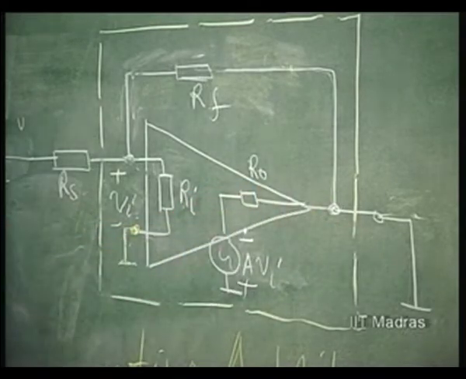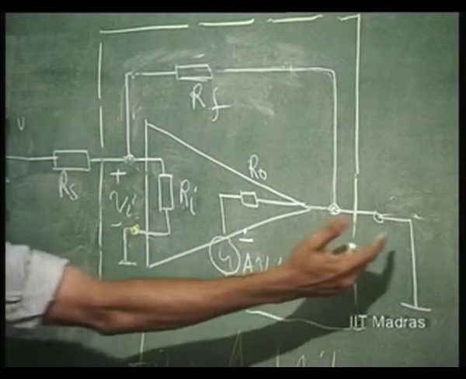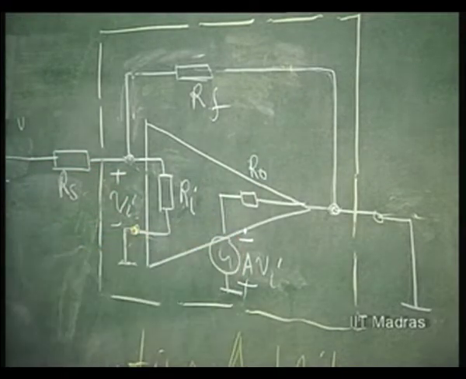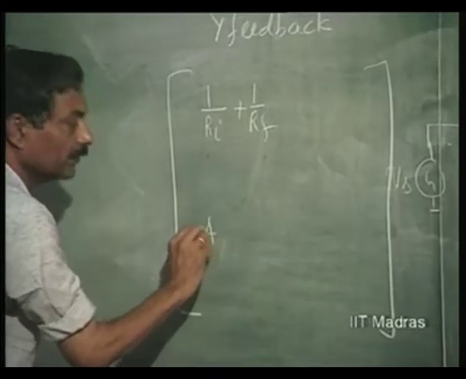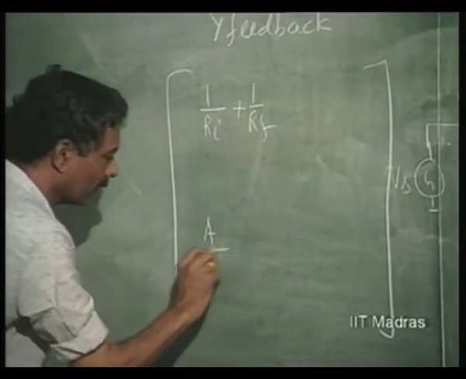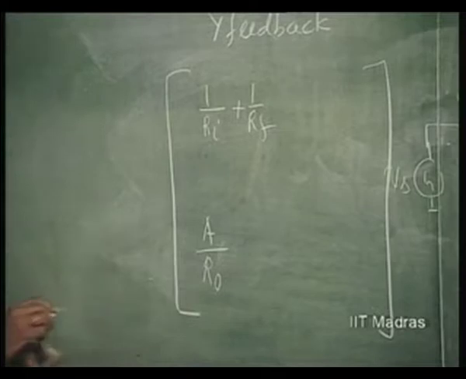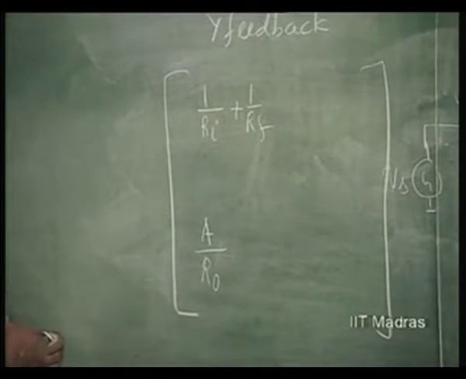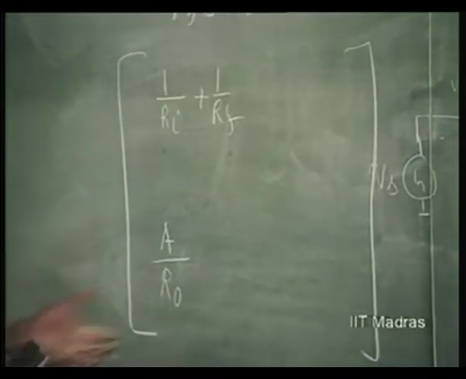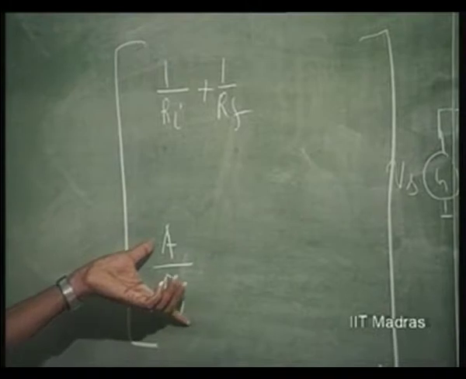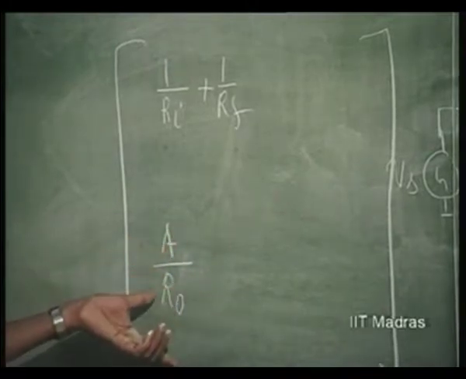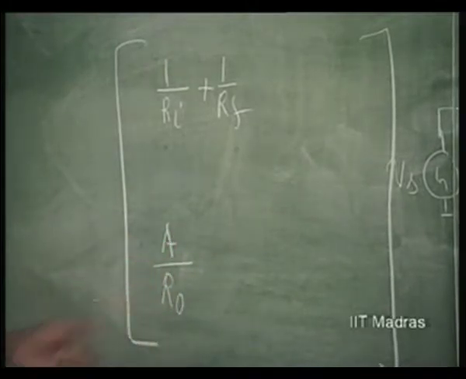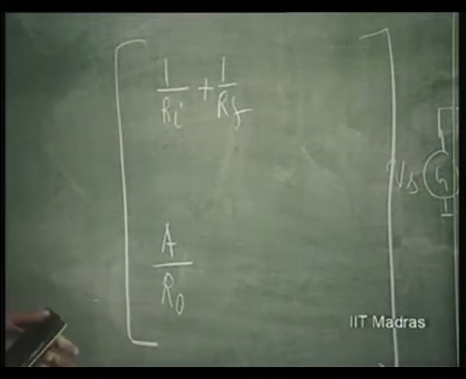That means for an input current like this, this will be having a current this way. So A times Vi by R0 is the output current, output current divided by input voltage, this parameter. So A times Vi by R0 divided by Vi. So A by R0 is the YF of the amplifier alone.